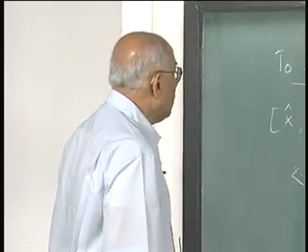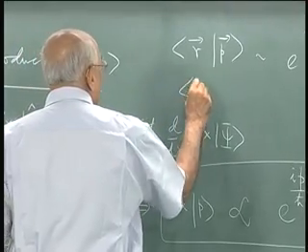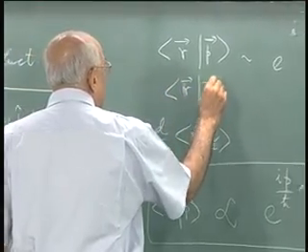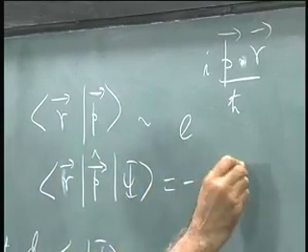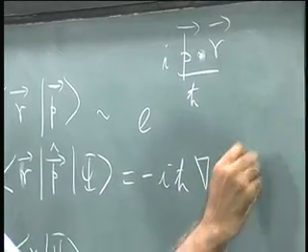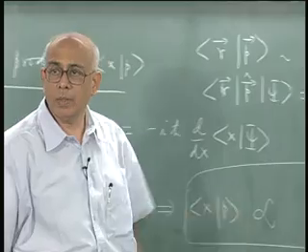In that case this relation becomes <r|p operator|psi> equal to minus i h cross the gradient operator acting on <r|psi>. This gradient is with respect to r, the label r. So we have this very important statement that in L2 the representation of the momentum operator is in fact minus i h cross times the gradient operator.